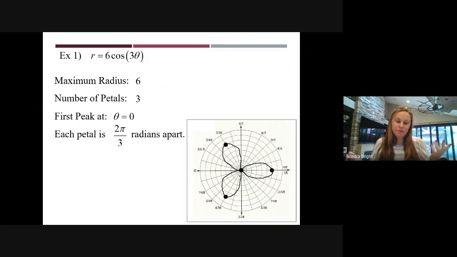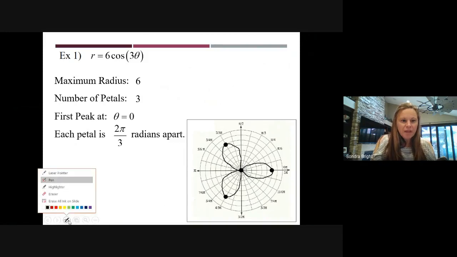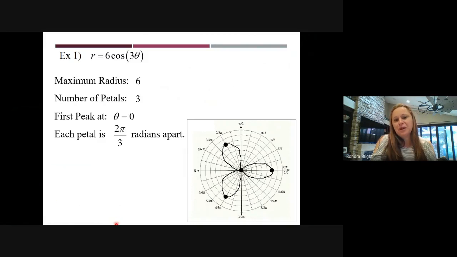Plus I'm on this tablet thing, so it really looks funky. I can do this better by hand than with this tablet, but I just wanted to make you feel better before I show you the Desmos graph and how beautiful it's supposed to look, right? Mine looks funky too. It's okay.